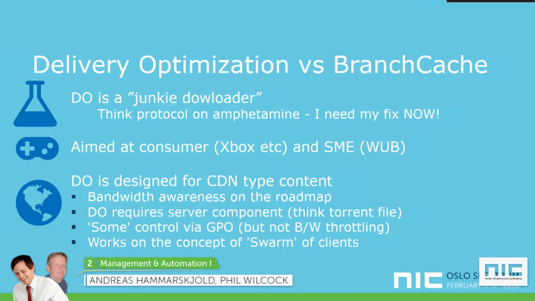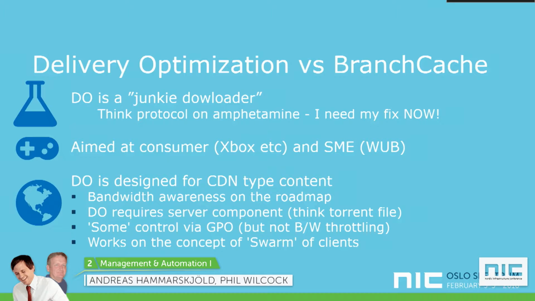It stems from a company called Pando Networks that Microsoft bought in 2013. It's kind of a little bit BitTorrenty, aimed at the gaming community, but it did streaming, peer-to-peer stuff. It's kind of invisible. You can configure it with a couple of group policies.